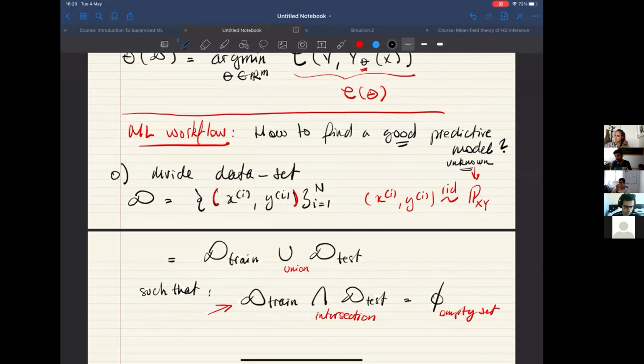They should be similar enough. Otherwise, it makes no sense to train on some data set in order to predict on a totally different data set. And by assumption, what they have in common is the fact that all the pairs of inputs and outputs, both in training data and test data, were generated according to the same underlying probability distribution.